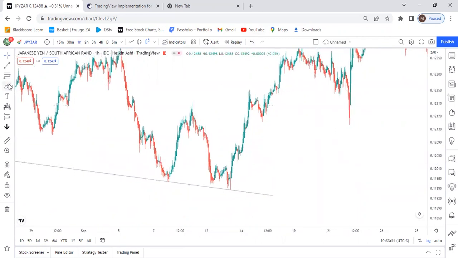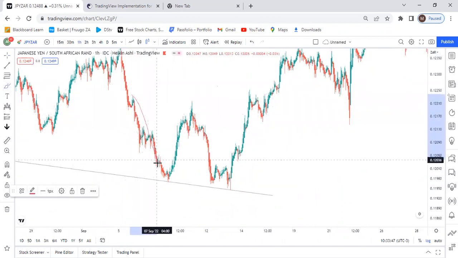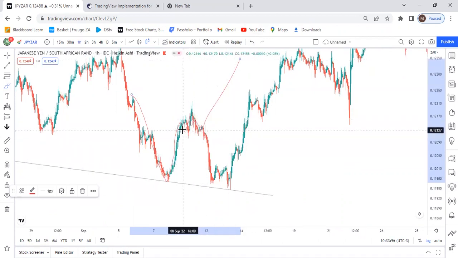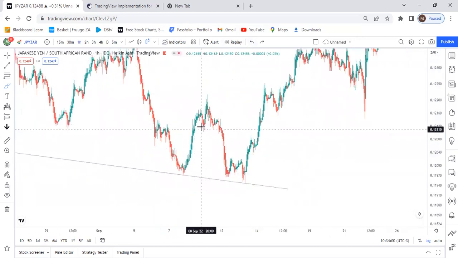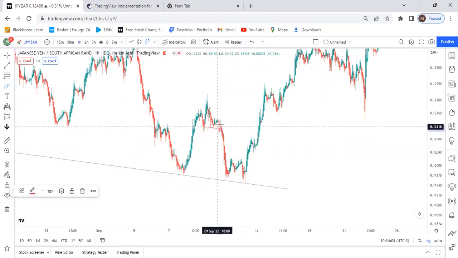So if you were a very patient trader, you would basically let the market reject and give you a nice impulse and then take a correction to the upside if you had a correction. But this was not a complete correction. As you can see, it never rejected once it got to this point.